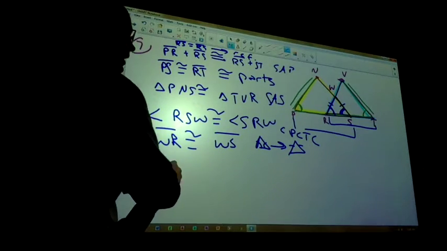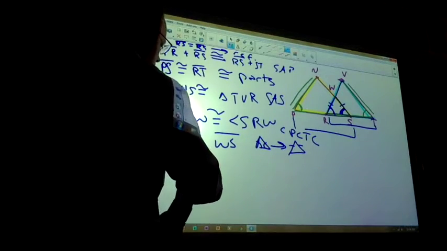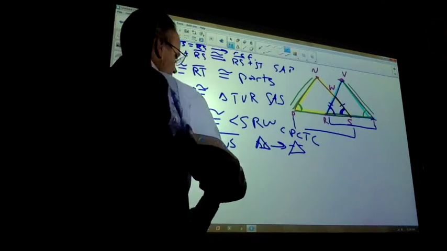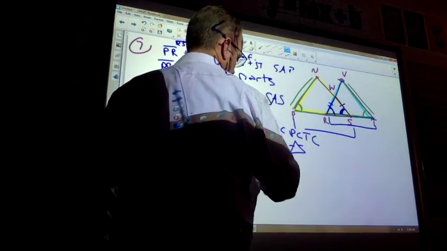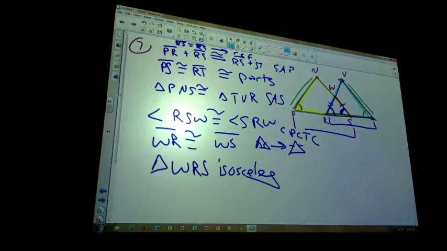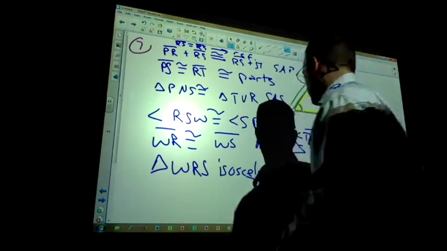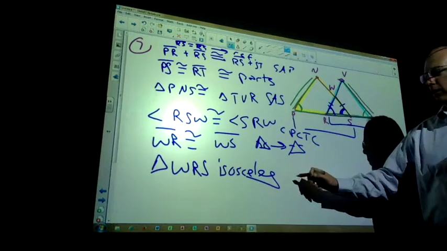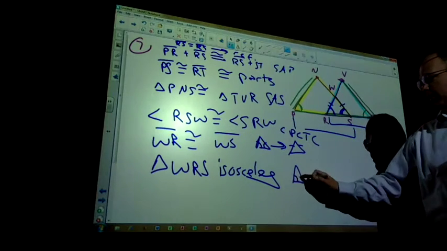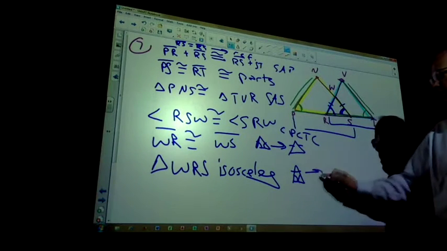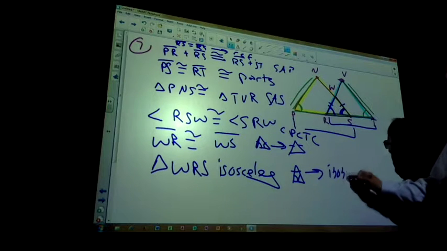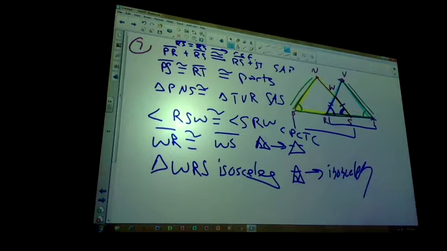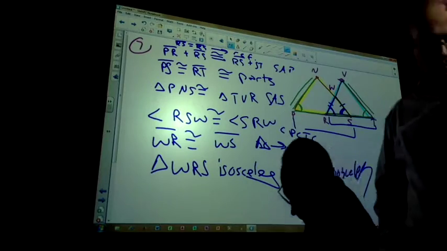Which then tells me that triangle WRS is isosceles. And that would be because I guess we could use the same reason. We have this is isosceles. Do you like my little fun S at the end? That's nice. I knew you liked it.